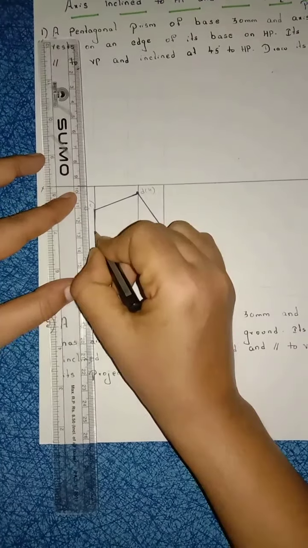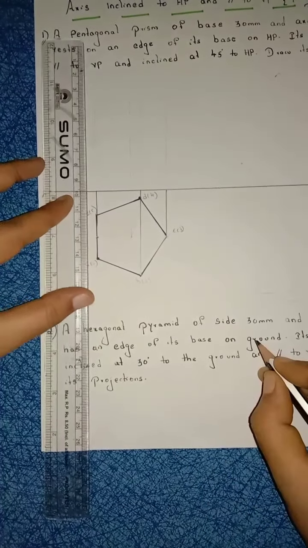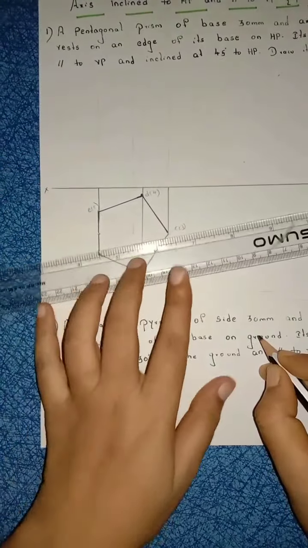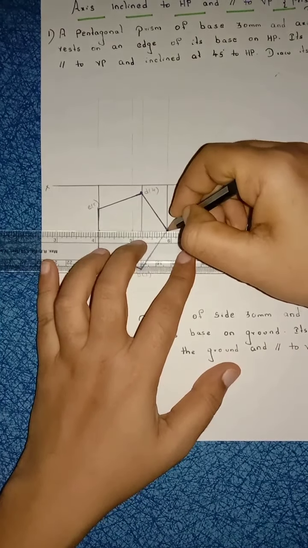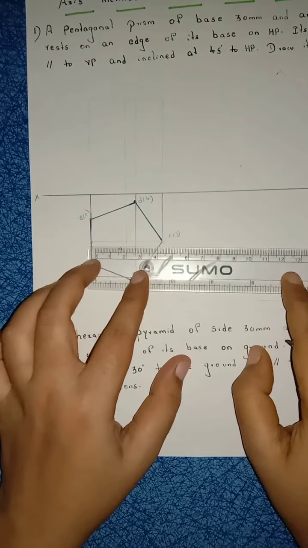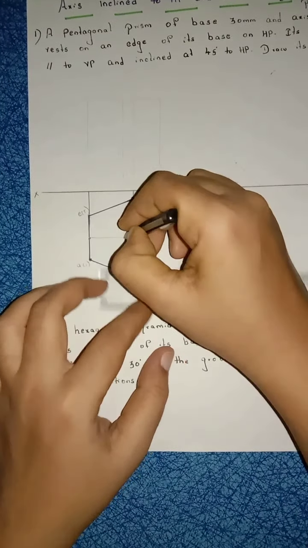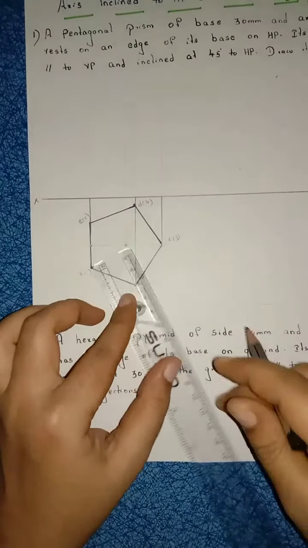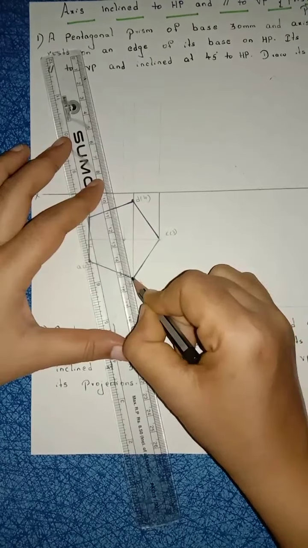So I am marking the midpoint of the pentagon first. 30 means 15. 15 is the midpoint. Then next from this corner I am joining a line to this point. Right, now I am measuring this line, and for that line also I am marking the midpoint here. Right, now I am joining all the corners to this midpoint.